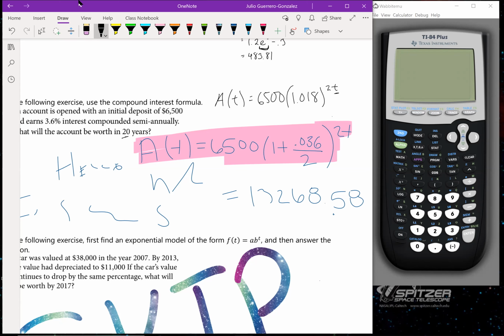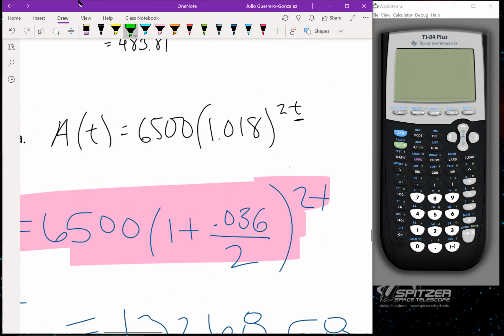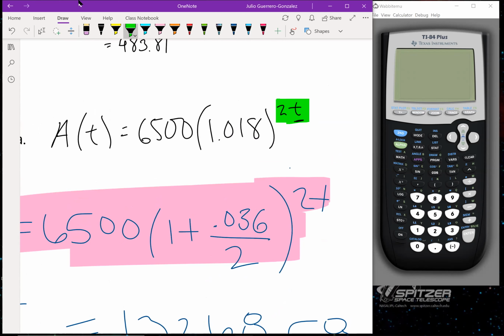So then it would be 40? Exactly. Okay, so then would I distribute the 40 to the 6,500 and then the 0.018? That's a good question. Let me roll it up really quick. 2t. Does it hit the 6,500? No, it does not.